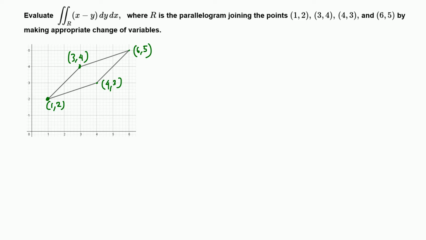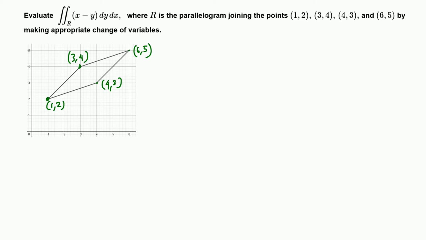Now this region is not good, it's complicated. So we want to make some change of variables, then this region will be transformed into a nicer region. We need to make an appropriate change of variables. For that, let's find the equations of these four lines, and we might get an idea from there.